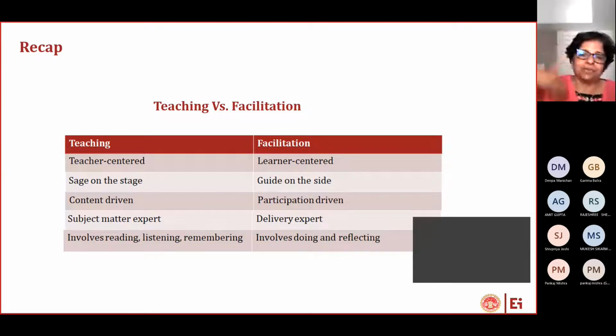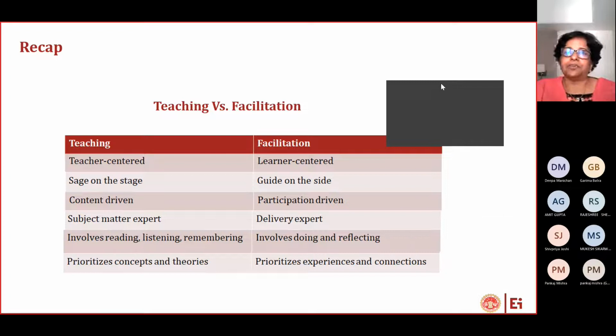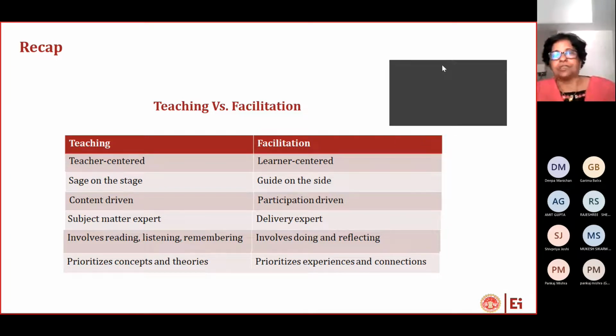So these are points that you already know. I'm just listing them down as a refresher list, and we will go through it and be done with it. Teaching is more about concepts and theories, whereas facilitation prioritizes experiences and connections. So when you are facilitating sessions on conducting question making workshops, you need to keep the second column principles in view.